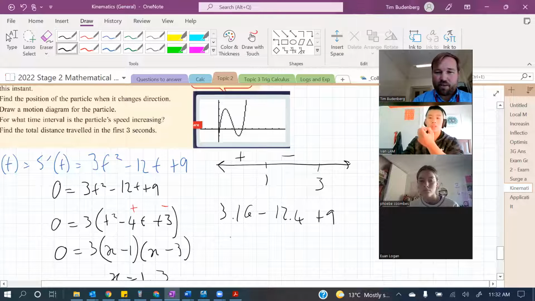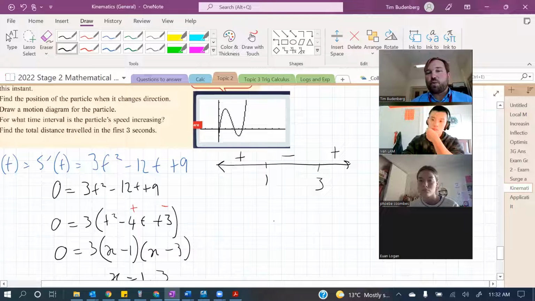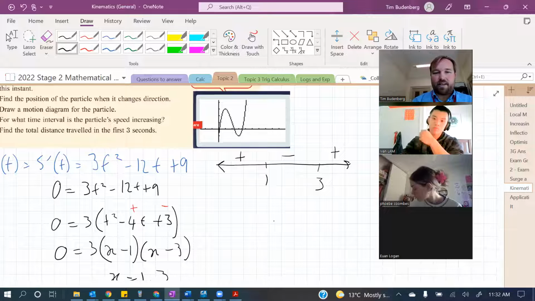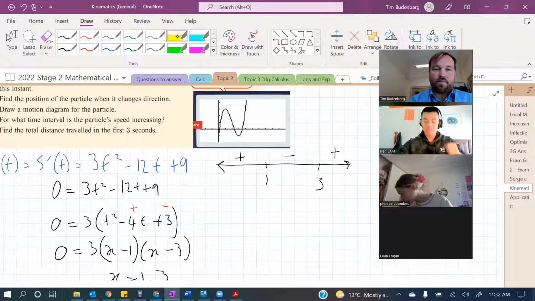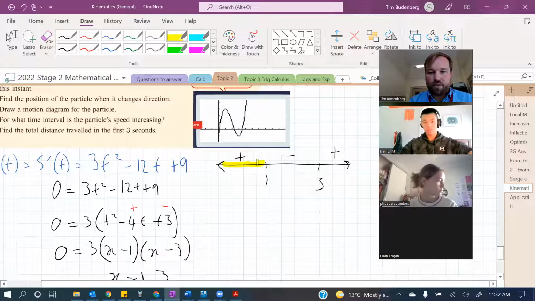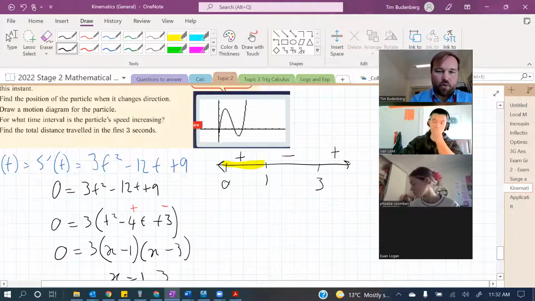We actually don't need a test like this because we have already got a graph. We know which one is the local max and which one is the minimum. Yes, we can see it here, the minimum and maximum. So what this is saying is that the particle's velocity is positive between 0 and 1, and that relates to this bit here.